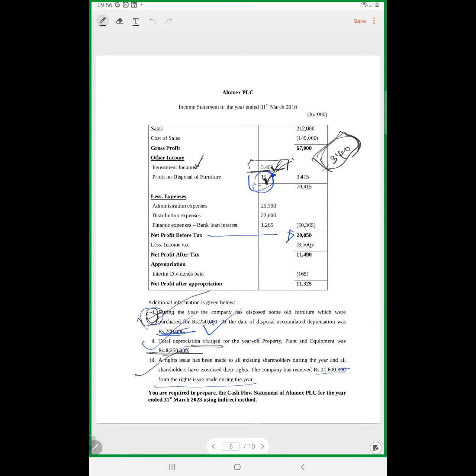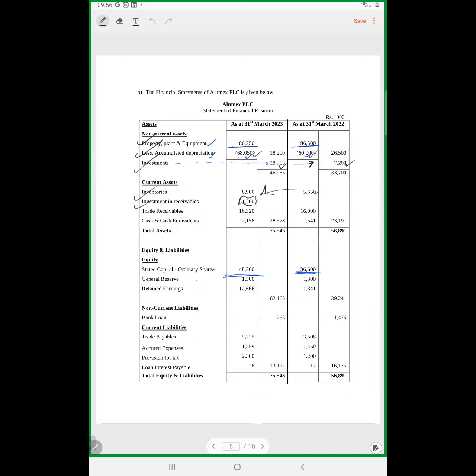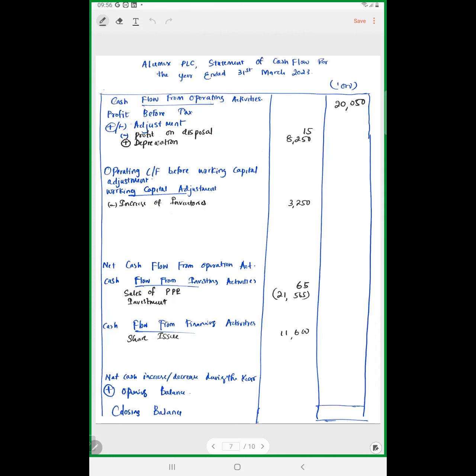It means, so we have received how much? Total amount 3,400. We have received 2,200 as cash, right? As cash. So then how do we record?